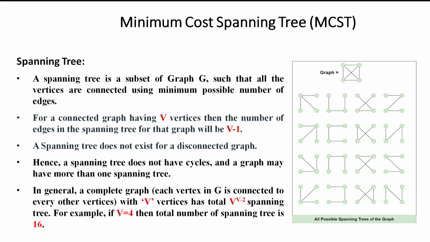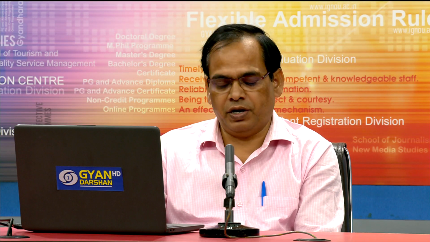All 16 are shown here, and we can see that every spanning tree has 4 vertices and 4 minus 1, that is 3, edges. So that is the definition of a spanning tree.